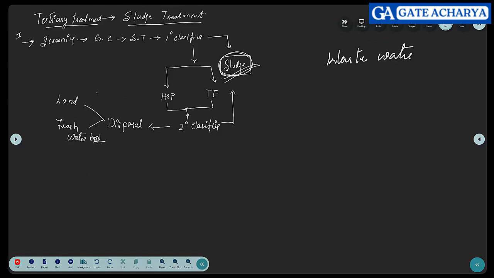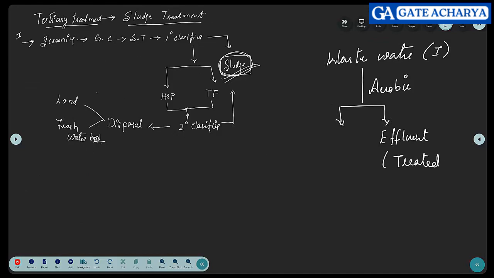So wastewater is treated aerobically. Aerobic treatment is performed. In that, I'll be getting an influent, and I'll be getting an effluent, the treated water, and sludge.